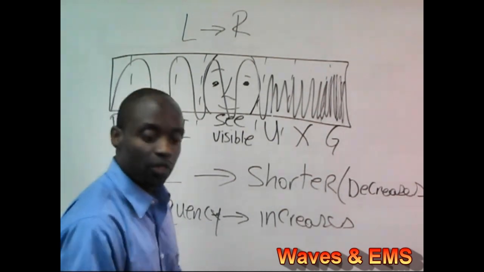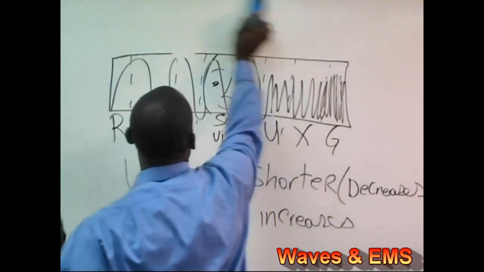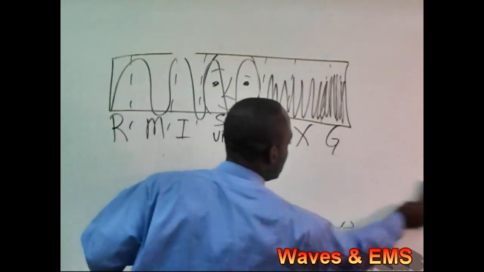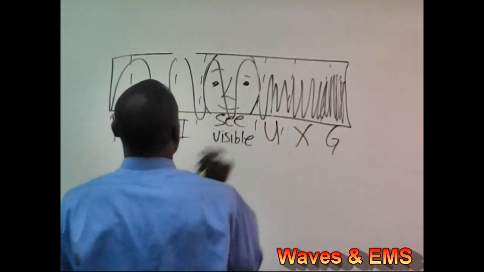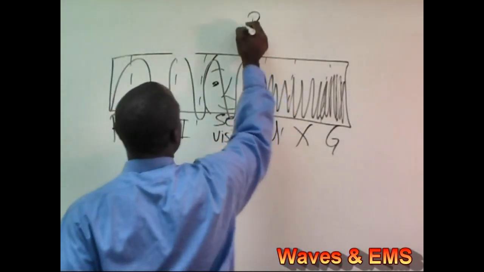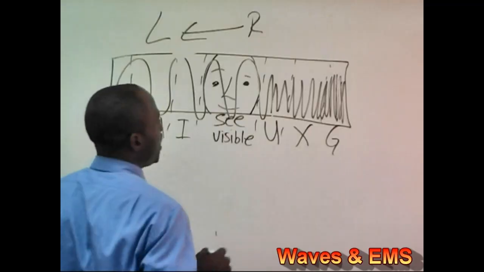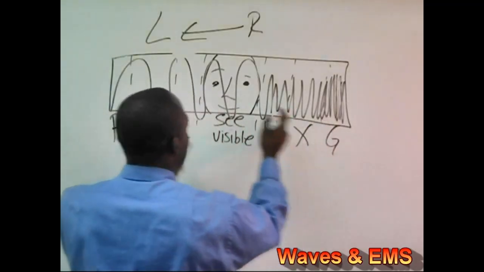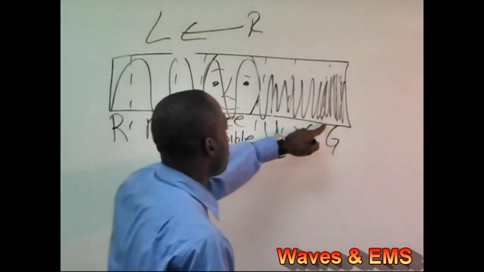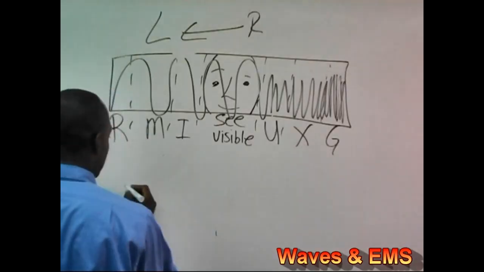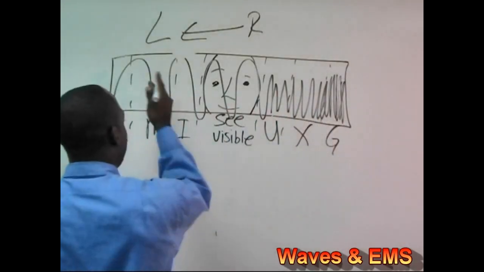Now let's go the other way. We did left to right, so let's do right to left. From right to left, my frequency decreases and my wavelength increases.